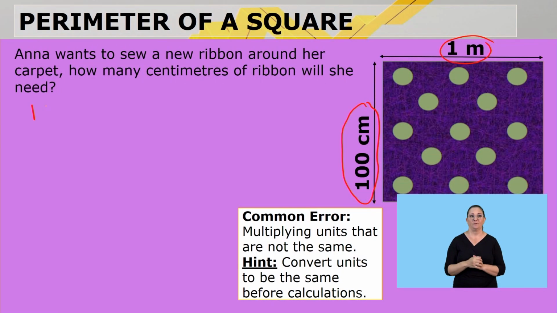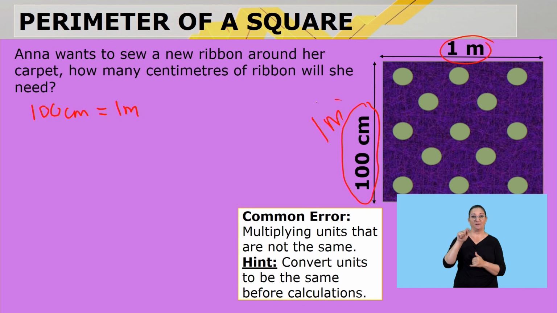What are we going to convert? The centimeters. Now remember, 100 centimeters is 1 meter. So this is now a meter. What is the perimeter going to be?